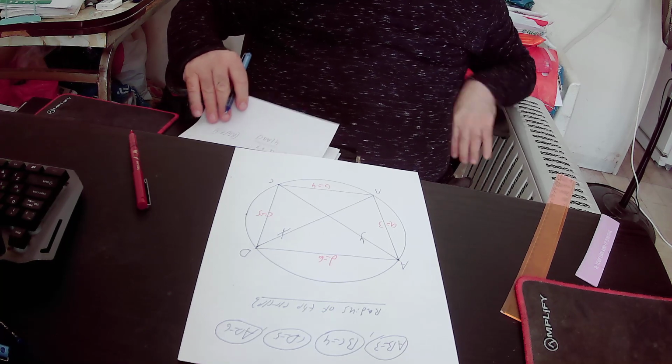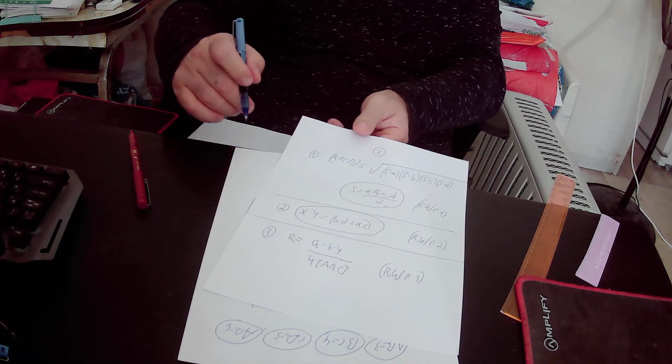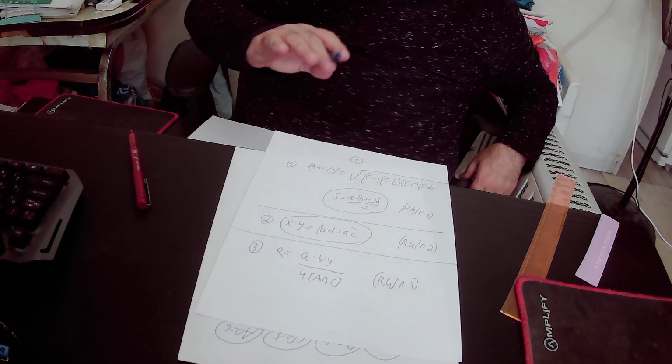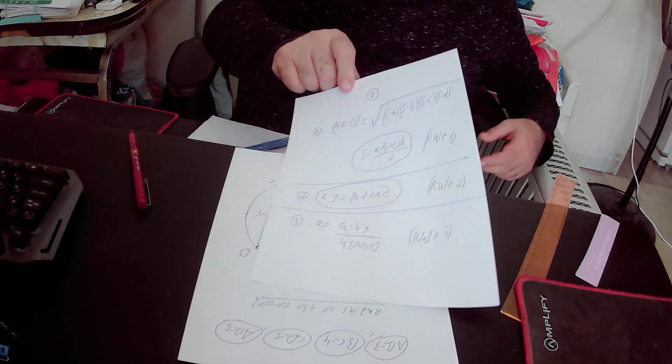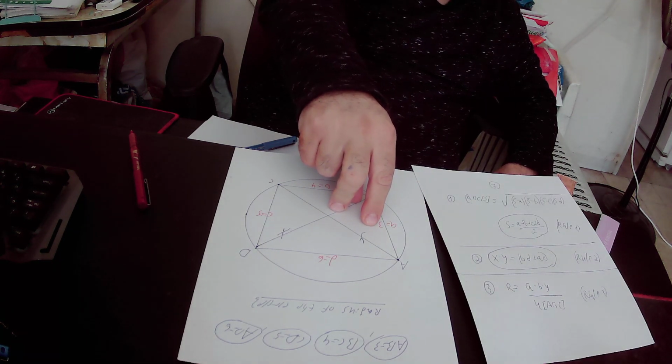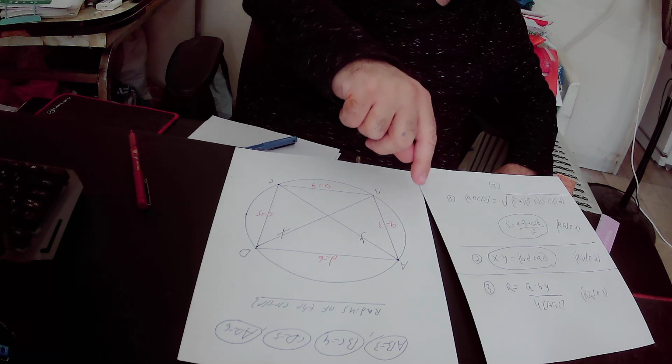So equation number 3 is the implementation of rule number 3 in our drawing. Triangle ABC is inscribed in this circle.